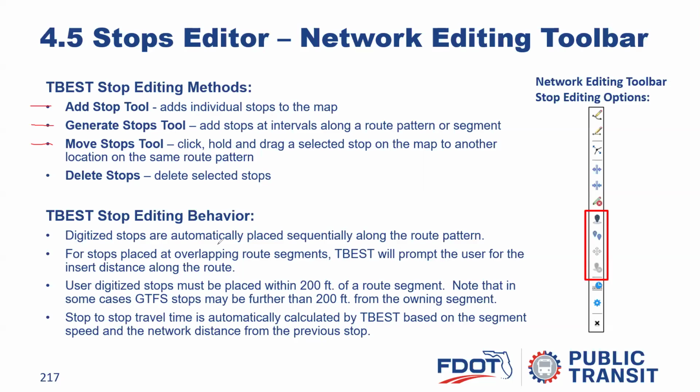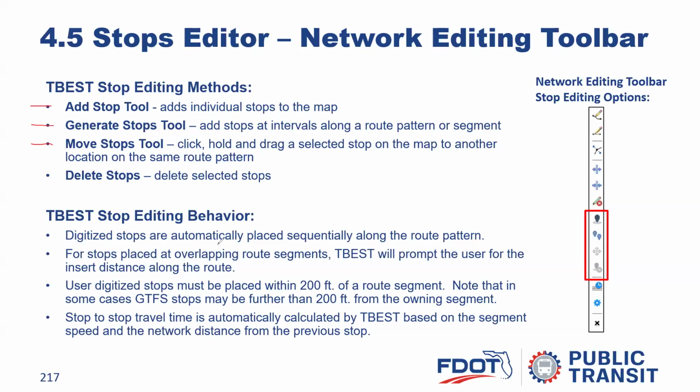For stops placed at overlapping route segments, TBEST will prompt the user for the insert distance along the route. Most everyone knows that in transit network editing, you can have all kinds of crazy alignments and paths that routes will take, including where it double backs on itself, so that you have a location that is actually two distances along the route, right?